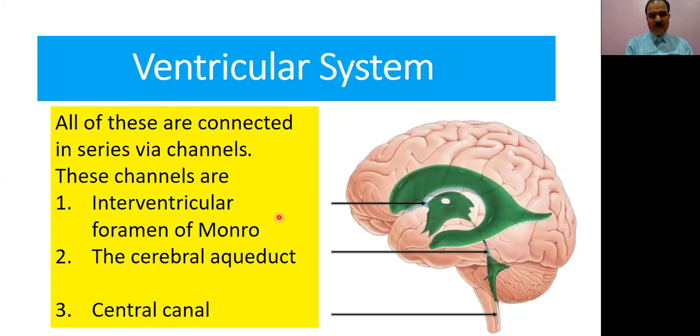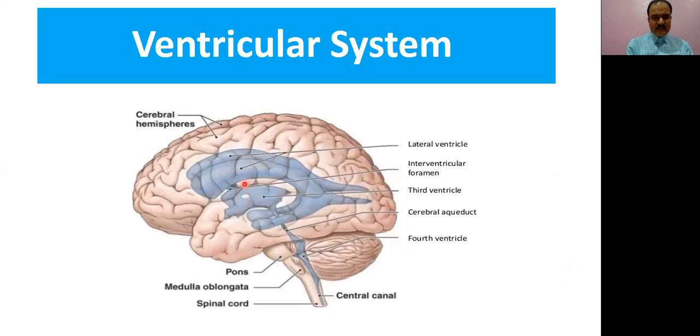These ventricles are interconnected with one another by channels: the interventricular foramen of Monro, the duct of Sylvius or cerebral aqueduct, and the central canal of the spinal cord. You can see each of the two lateral ventricles is connected with the third ventricle by the interventricular foramen of Monro.